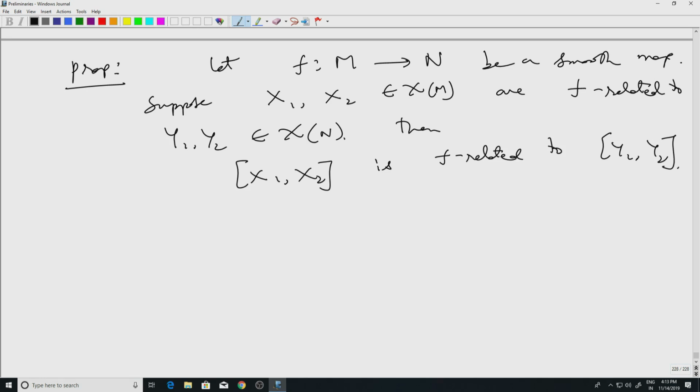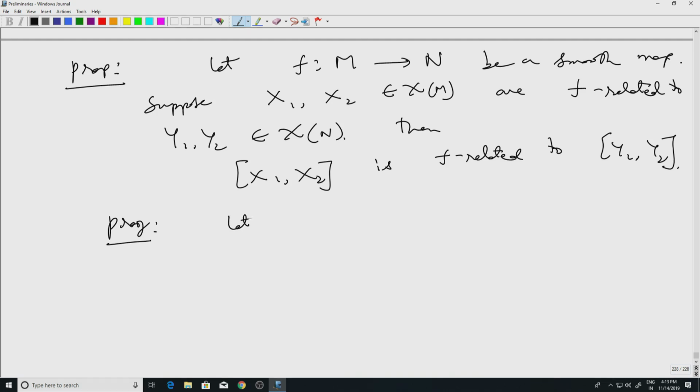So the notion of f related ties in nicely with this Lie bracket property, and the proof is again a straightforward computation. It's just a matter of knowing what one has to check to say that this is f related to y1, y2. It amounts to checking the following.